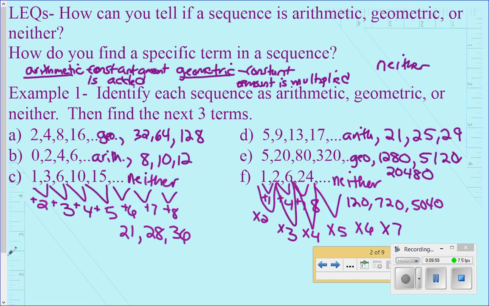Well, that constant amount has a name. It's called the common difference. Hopefully that makes sense, because if we're trying to figure out what the common difference is, we subtract one term minus the previous term, and we keep doing that. So common difference, and we use the letter D to stand for the common difference.